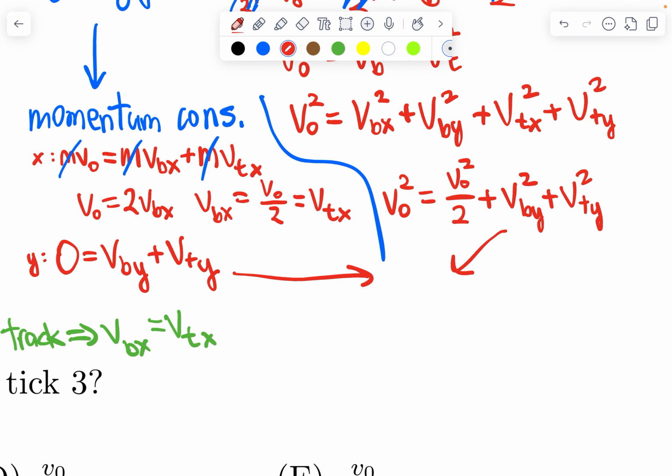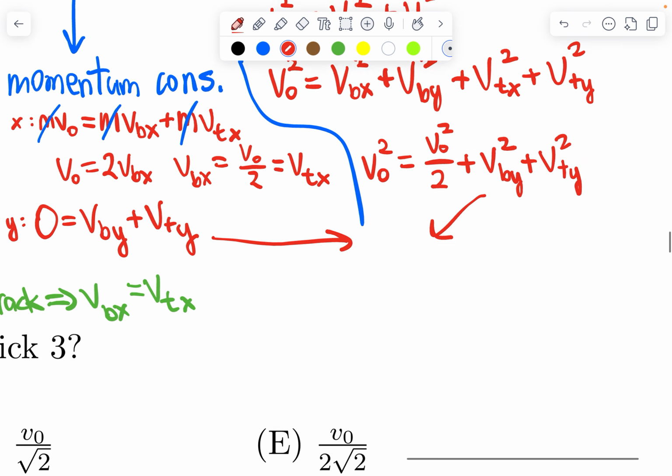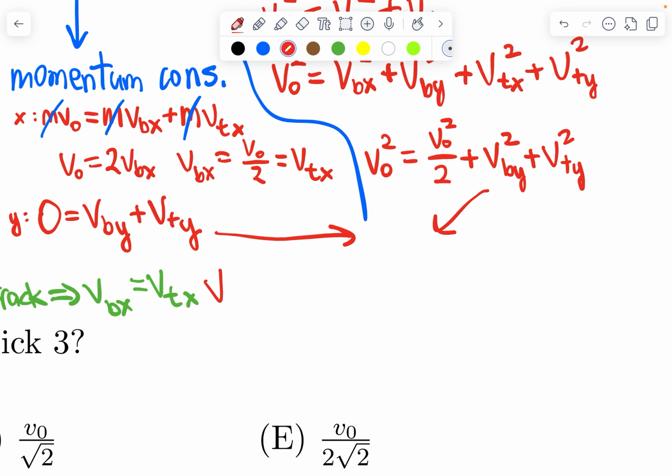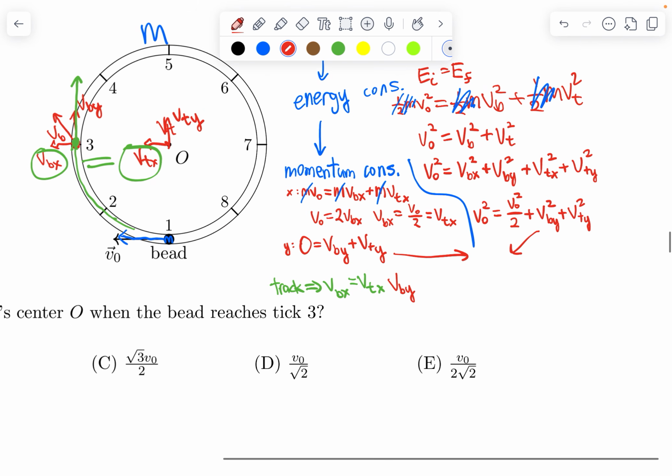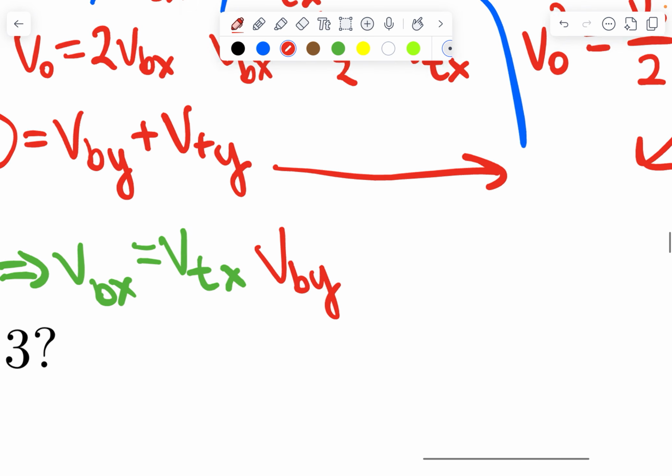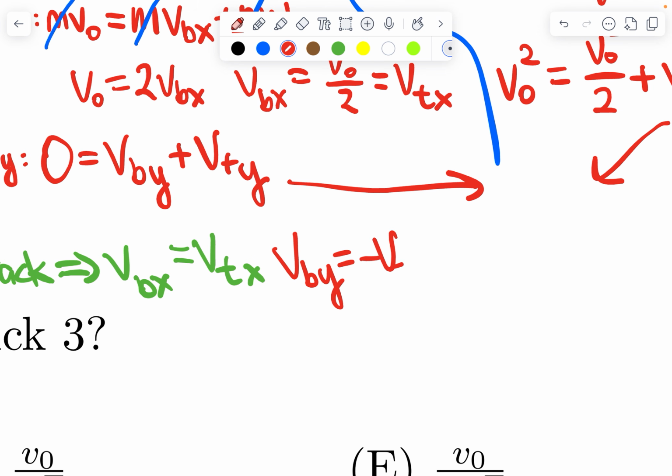Well, what if we try to write one of them in terms of the other? So we can say that vby is equal to negative vty, okay?